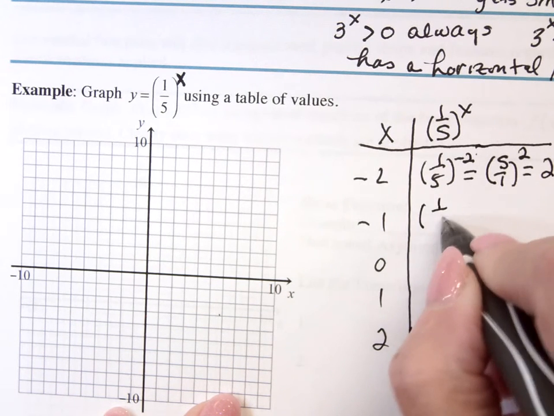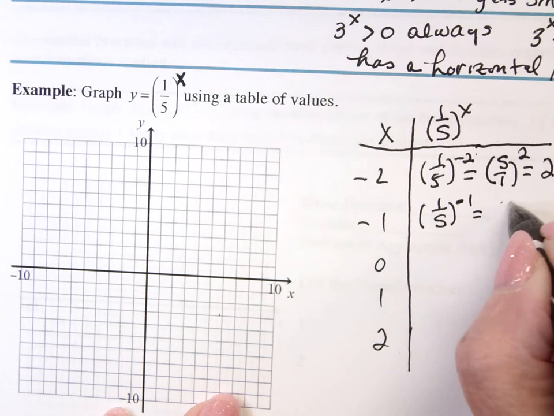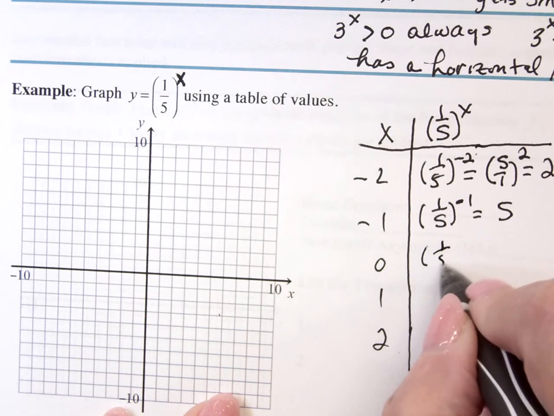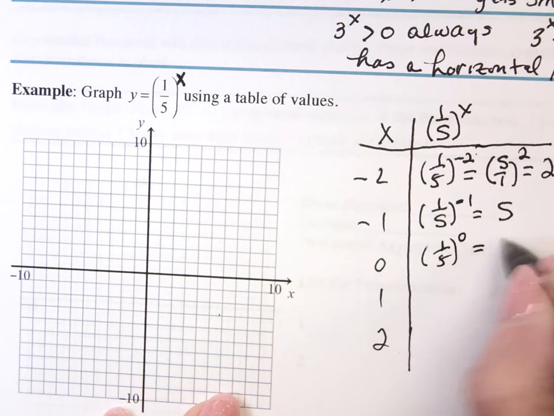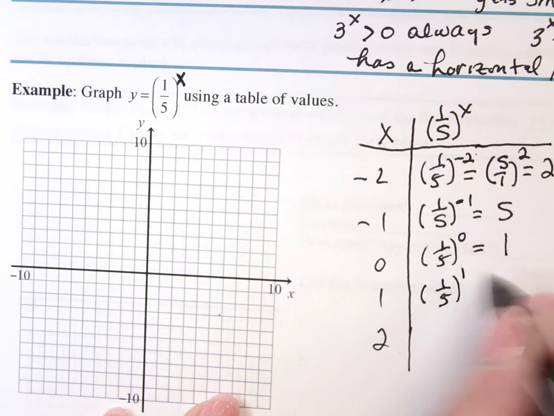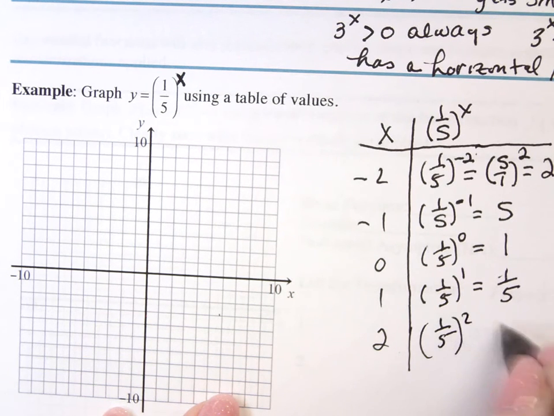This is 1/5 to the -1. That's just a flip, so that's 5. This is 1/5 to the 0, which is 1. This is 1/5 to the 1, which is 1/5. This is 1/5 squared, which is 1/25.